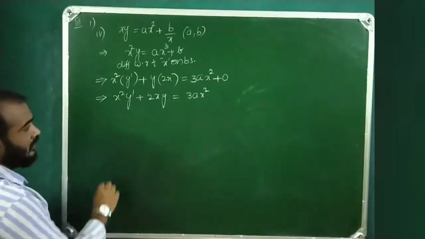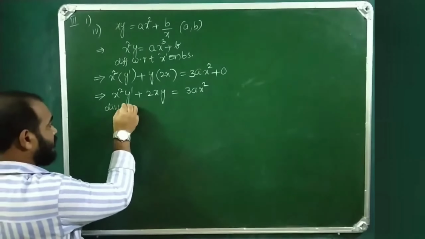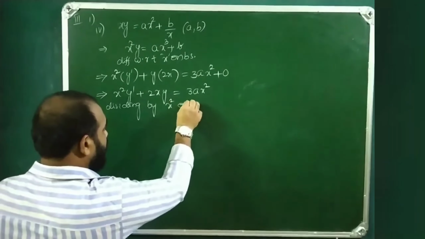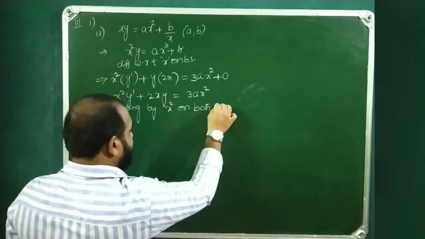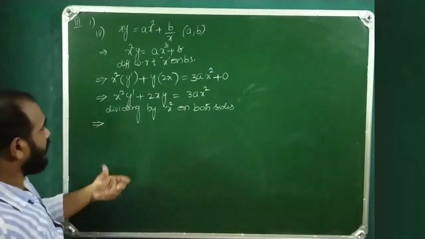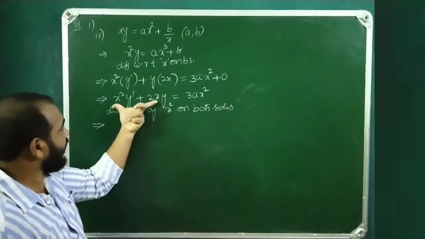Now let us divide with x square on both sides. Dividing by x square on both sides, then x square y dash plus 2xy by x square. X square gets cancelled.